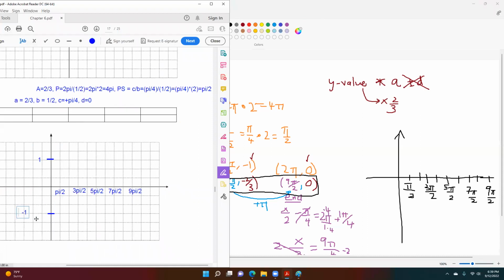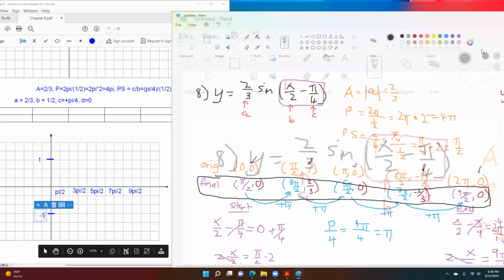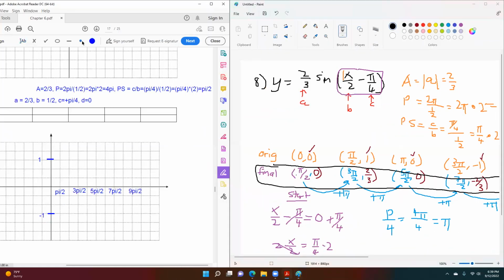So this is -1. The first coordinate point we have in this case is pi over 2, 0. I'm going to use a straight point so you can see it. Pi over 2, 0 is right over here. And then the next one is 3 pi over 2, 2/3.